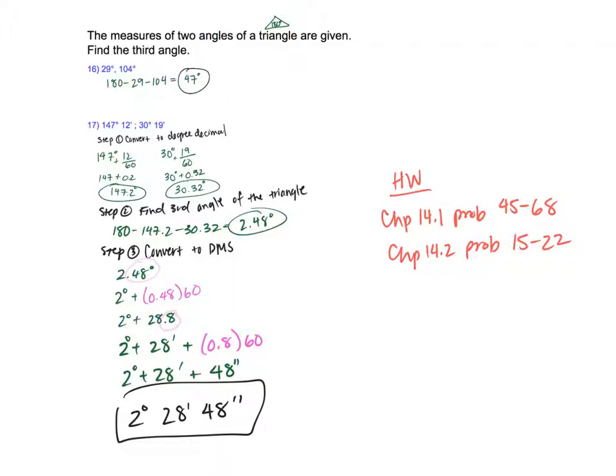Remember, you don't have to do every problem, but I would recommend doing a few problems in each section. So maybe doing 10 to 15 problems in this section, and since there are fewer problems in the other section, maybe doing 3 or 5. That's my recommendation to you guys.